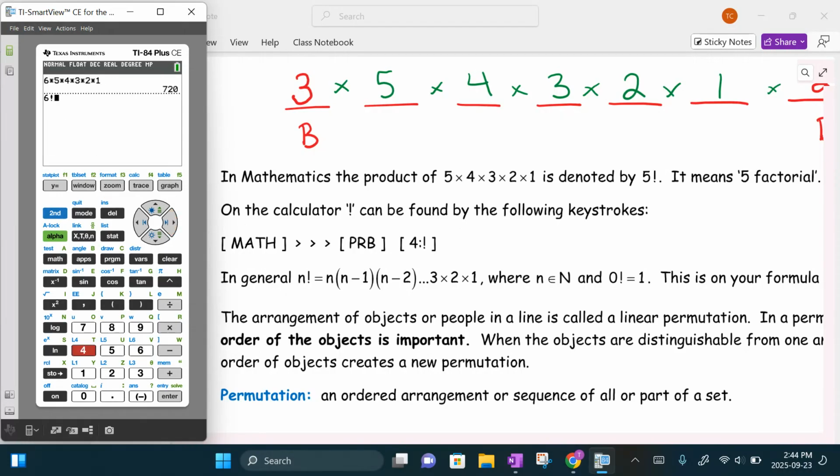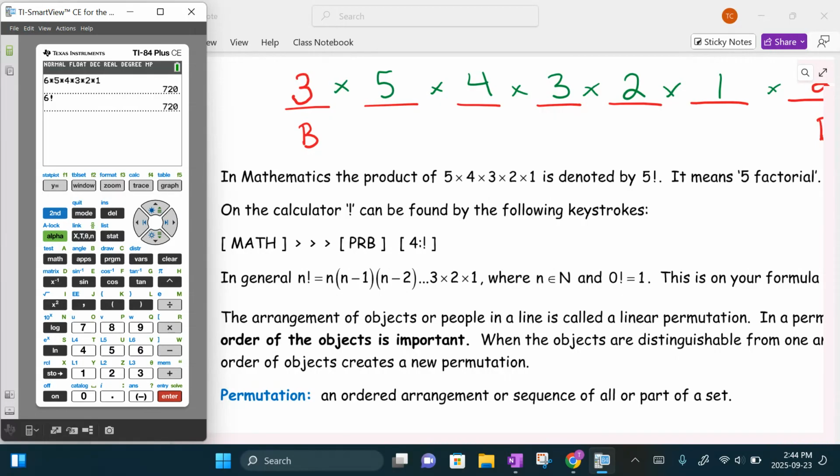I chose that just to show you they mean the same thing. If you want to go 6 times 5 times 4, can you use this? No, it goes all the way down to 1. That symbol is part of perms and combs, and it gives you a nice quick way to not have to type in the whole expansion.